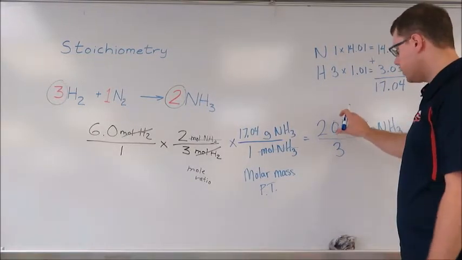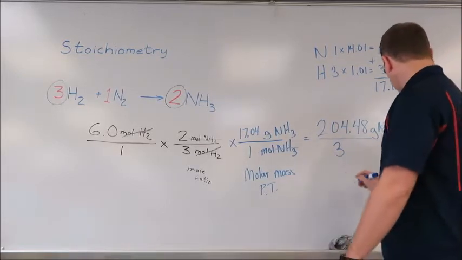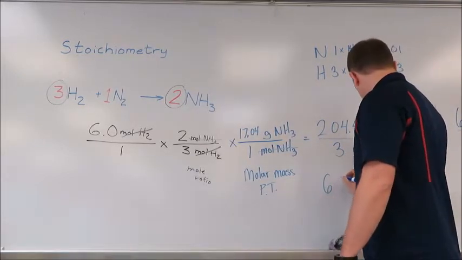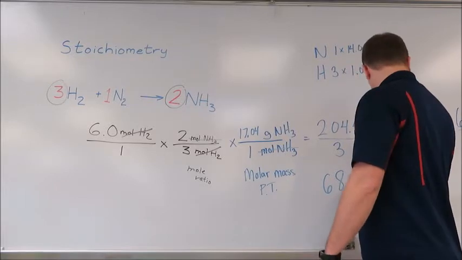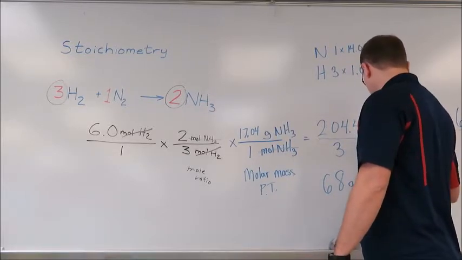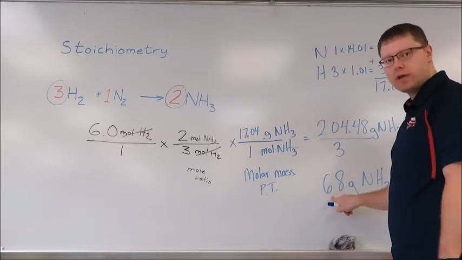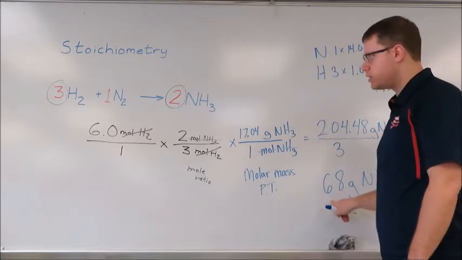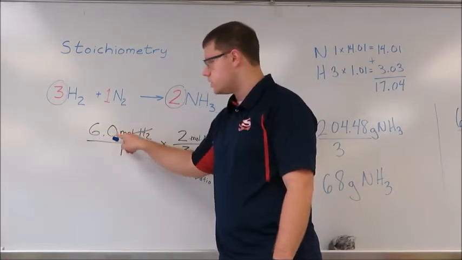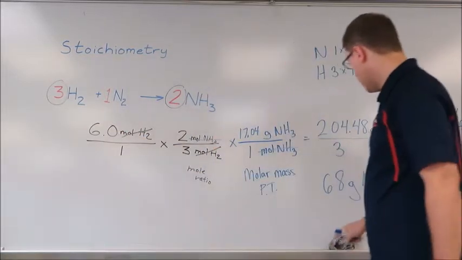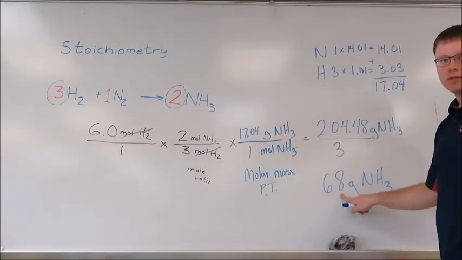We take our top number divided by the bottom to get a final answer of 68 grams of NH3. We again make sure that we have the right significant digits for our answer. Because we started with 6.0, that's 2 significant digits. Our final answer has to have 2 significant digits.